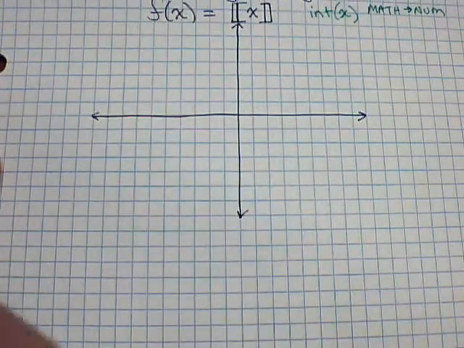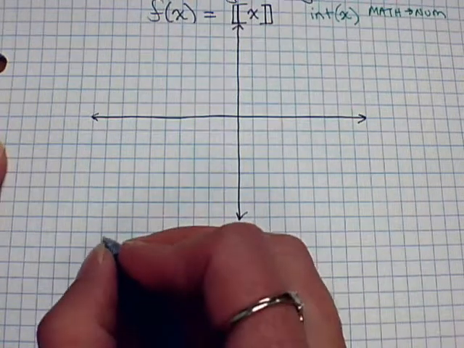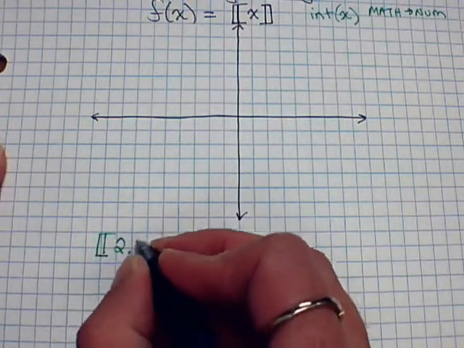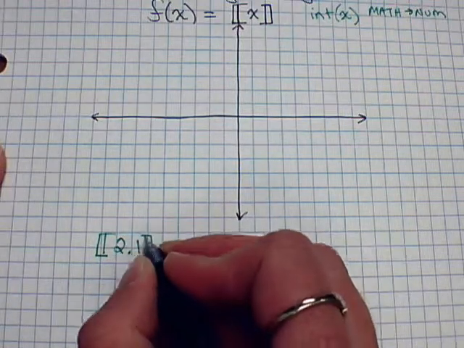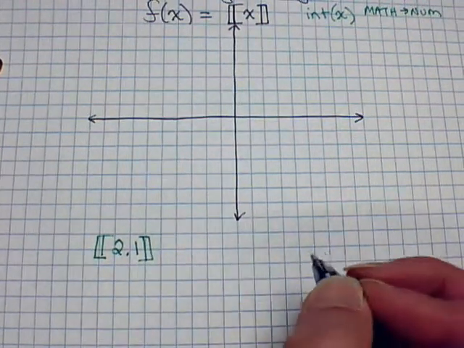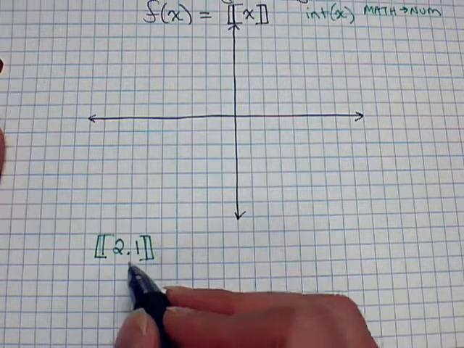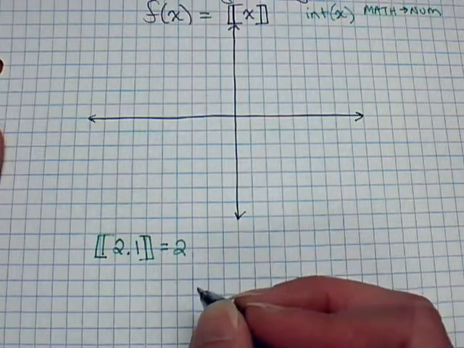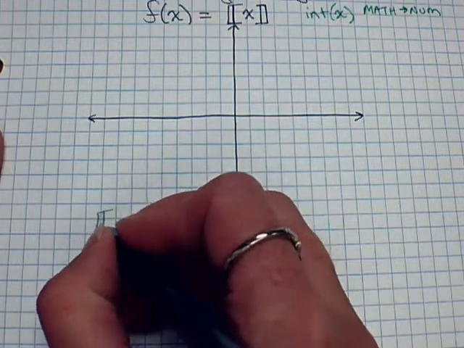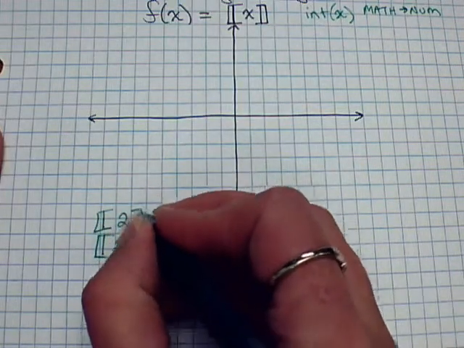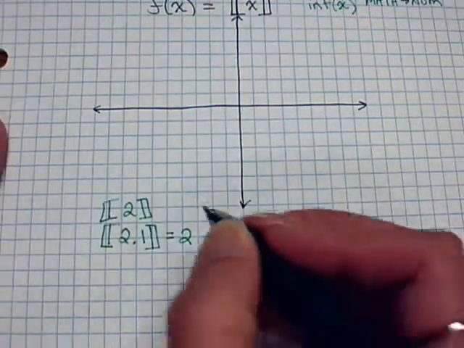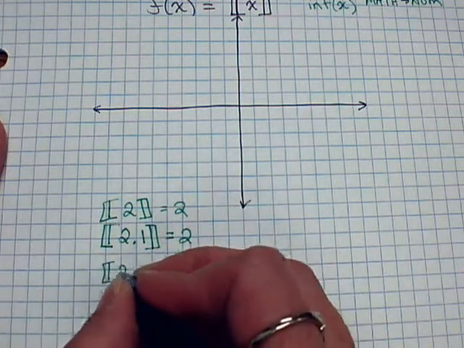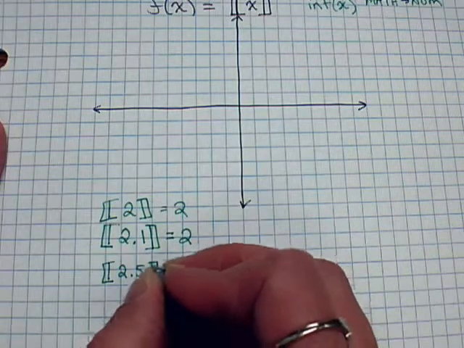If I had 2.1 in there, the greatest integer less than or equal to 2.1 would be 2. Now what if it had actually been a 2 in there? The greatest integer less than or equal to 2, well, is 2. What about 2.5?